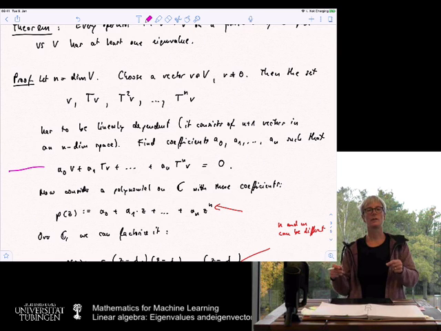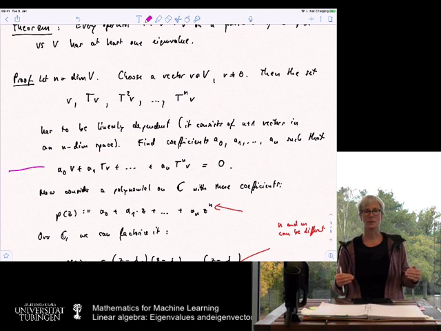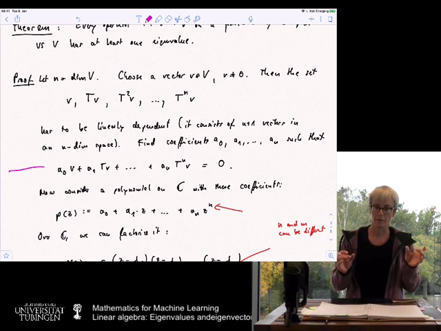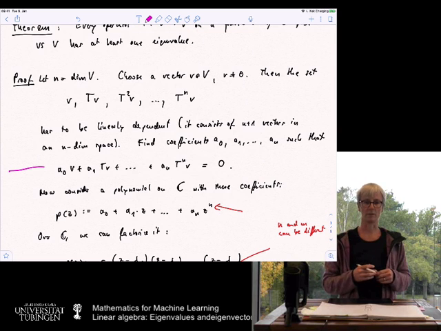So we first pick v, and then we find the coefficients that make the whole thing linearly dependent, and then we go through the whole argument with the polynomial, and in the end we just find that one of these factors has to be non-injective, and we found an eigenvalue.